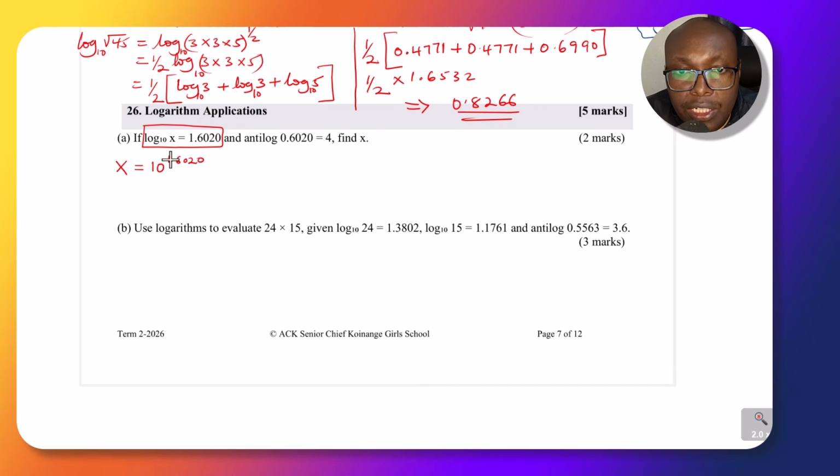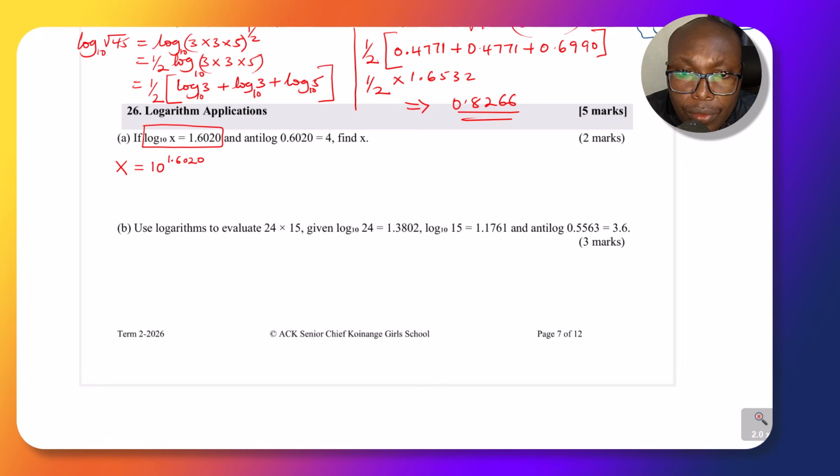1.6020. Ensure that you are quite familiar with writing from logarithmic notation to index notation, and also from index notation to logarithmic notation. So what I've done here, I have converted logarithm of x to the base of 10 is equal to 1.6020 in index notation.